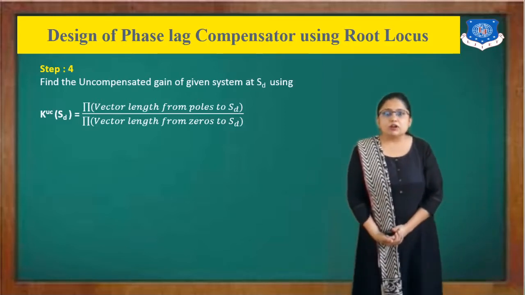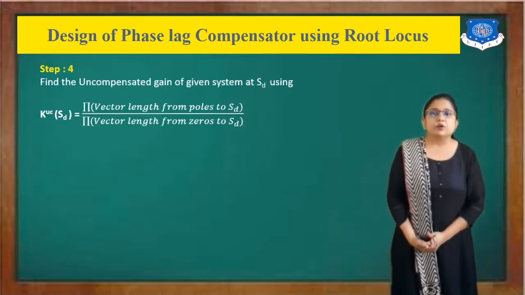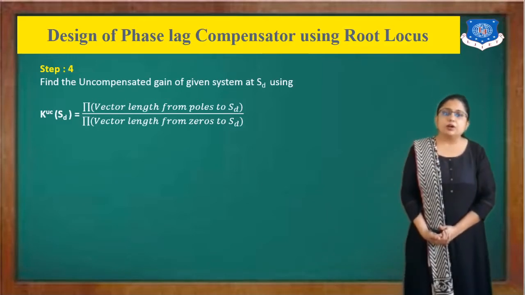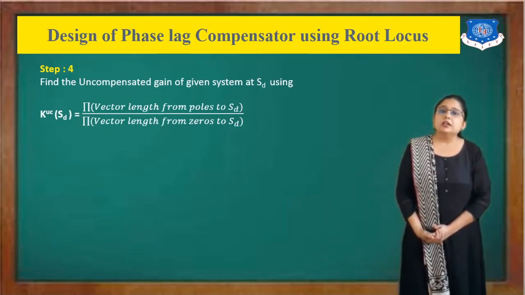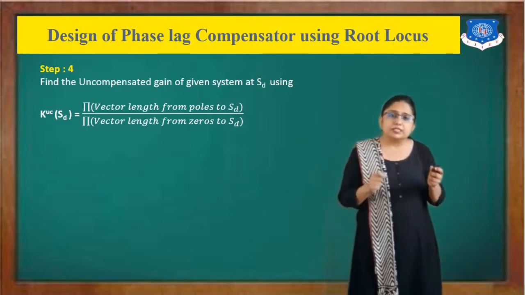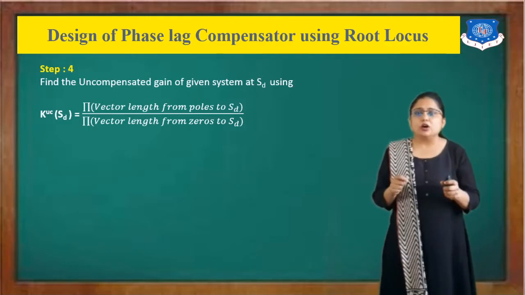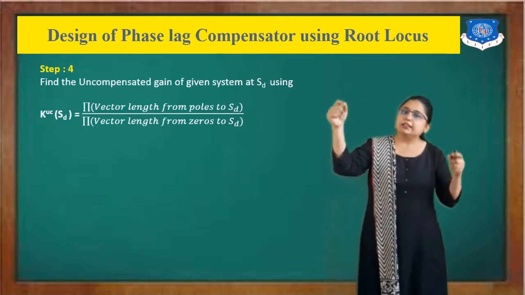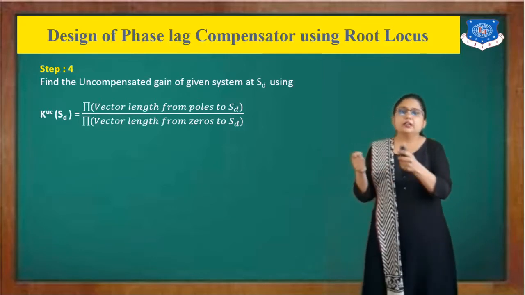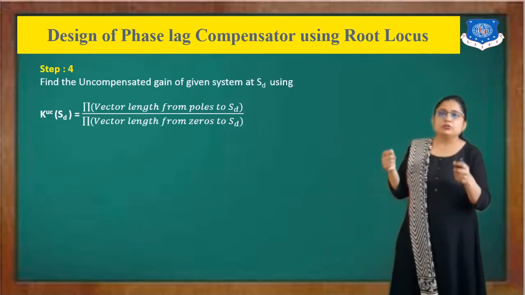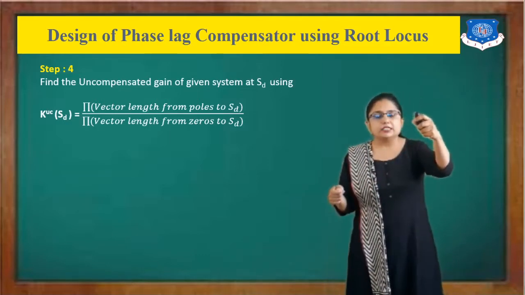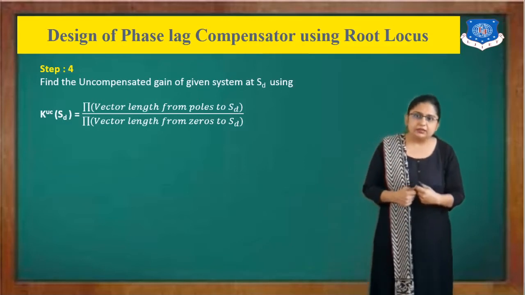Now the equation is the product of vector lengths from poles to s_d divided by the product of vector lengths from zeros to s_d. Vector length means you simply measure the length with the help of a scale. You draw a line from s_d to the pole and measure that distance with the scale. Similarly, in the denominator, you draw the line from s_d to the zero and measure that distance with the scale.